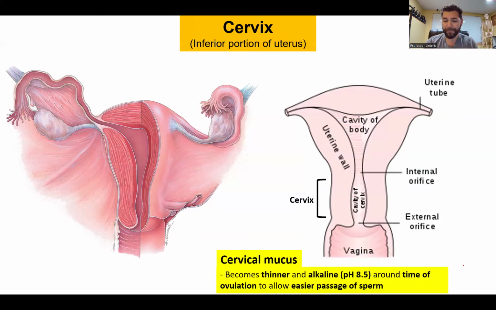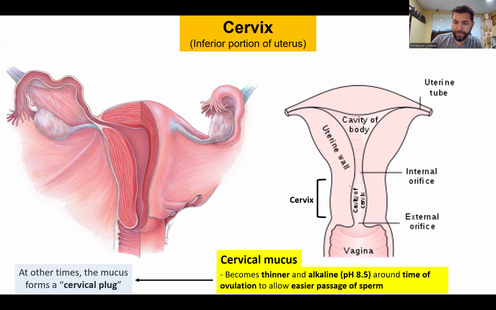The cervix, right? Obviously is this component. As we basically enter in through the vagina, the next thing that we're going to hit is the cervix, right? Around ovulation, like we just talked about, you want to make the environment more favorable for sperm, right?